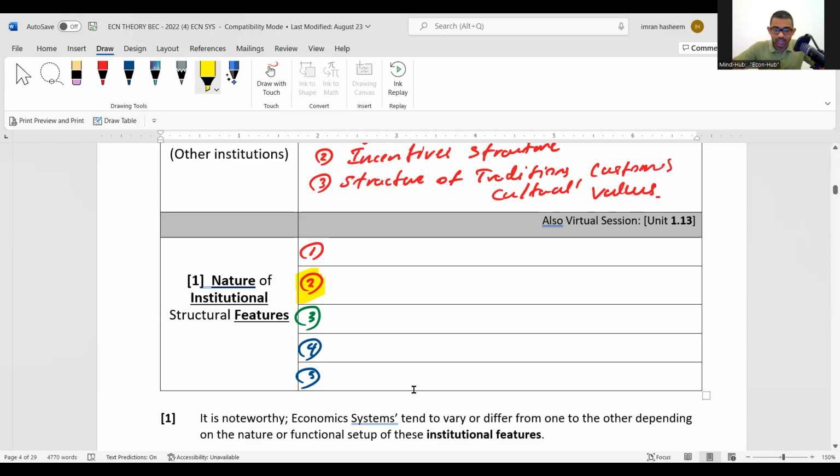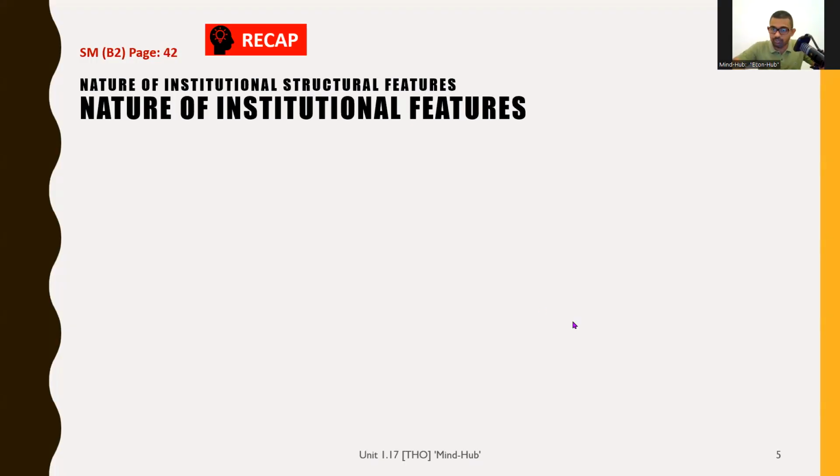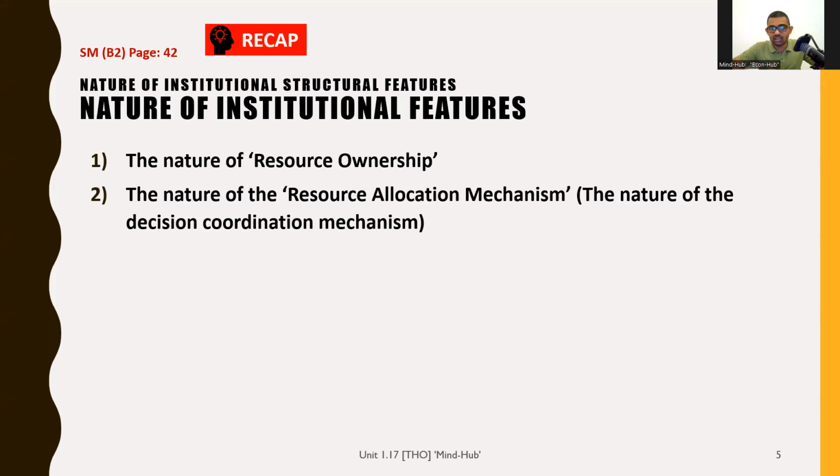5 things, right? Let's go to the slide and let me quickly run through these one more time because they're so important. First, the nature of resource ownership. Today we will learn more of this. Then the nature of the resource allocation mechanism. Sometimes it is also called the nature of the decision coordination mechanism or the method of solving basic economic problems. All these terms can be used.